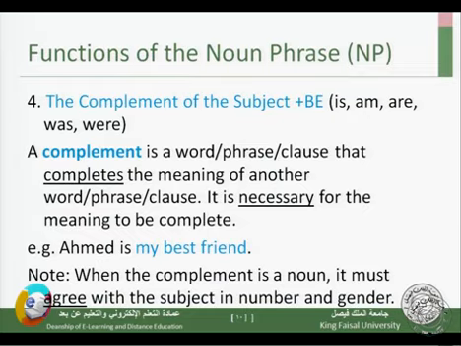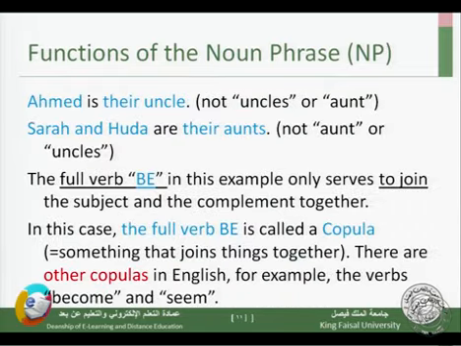So if the complement is a noun, they both have to agree in number and gender, in the case of complement of subject plus be, of course.